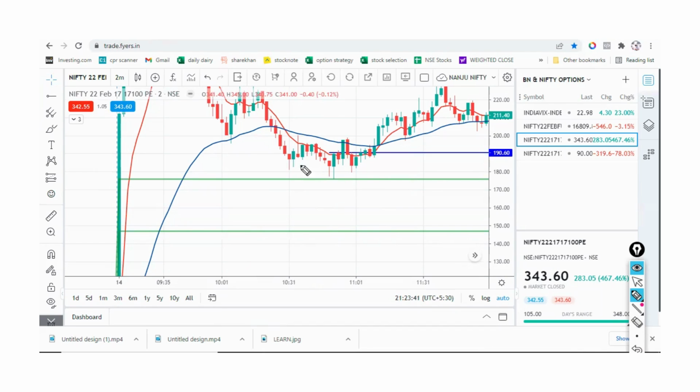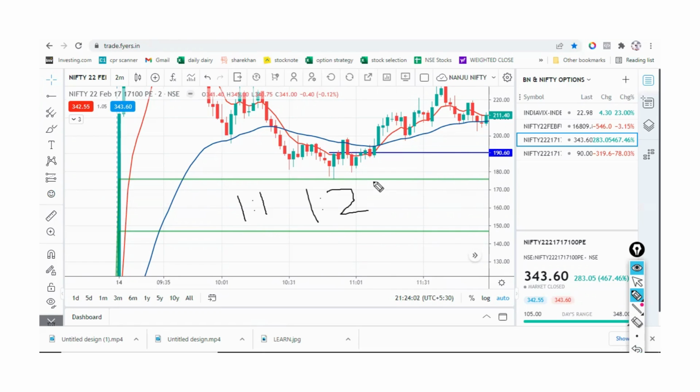Now we are taking a trade on this candle, and I will be expecting 1:2. My first target is 1:1, and my second target is 1:2.